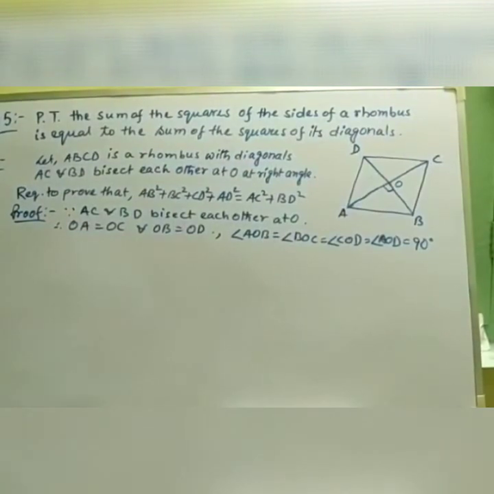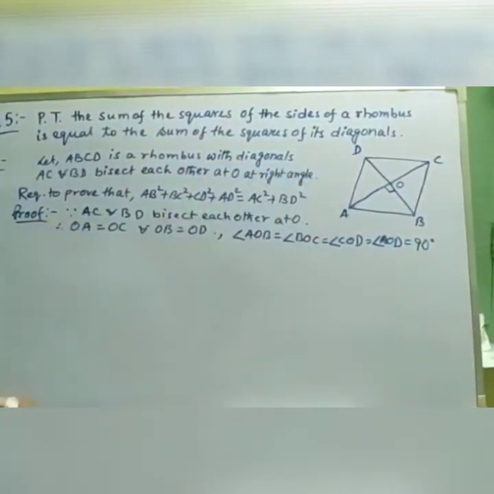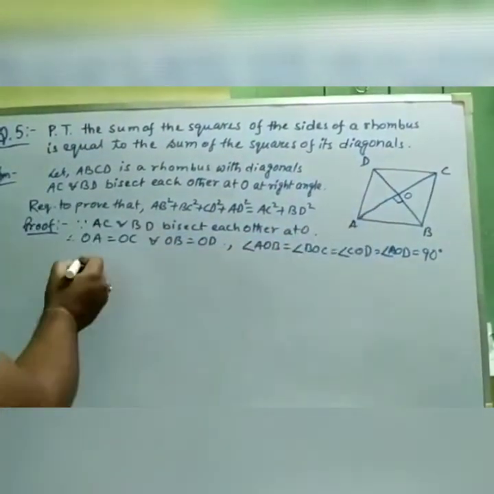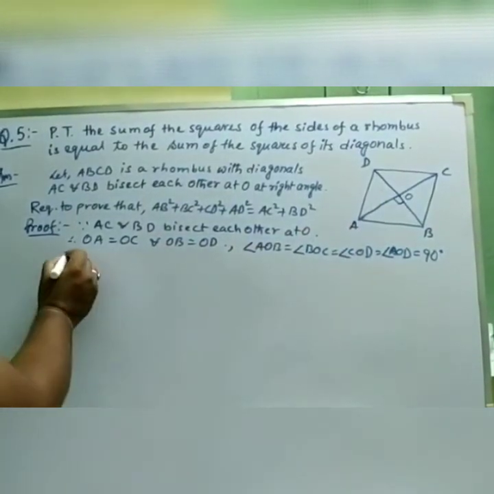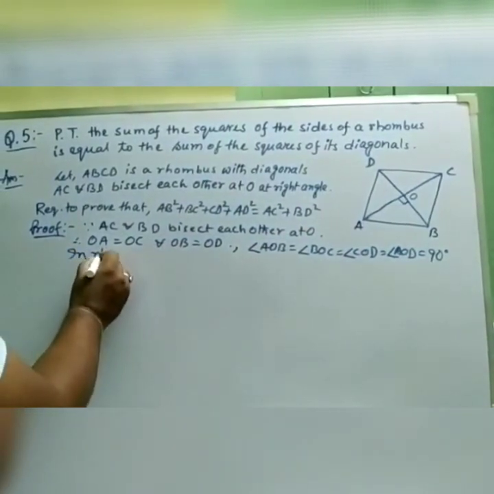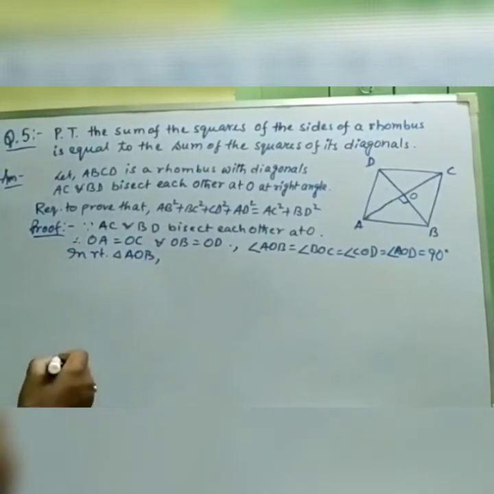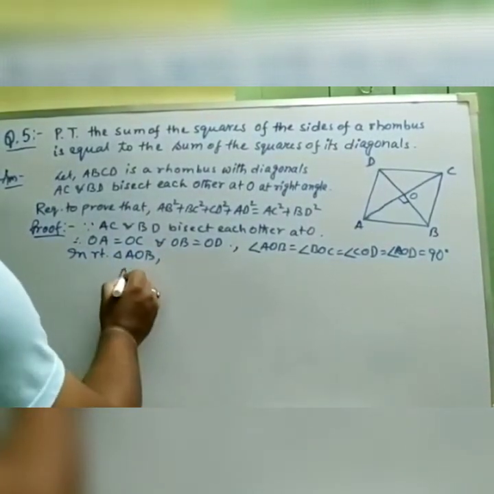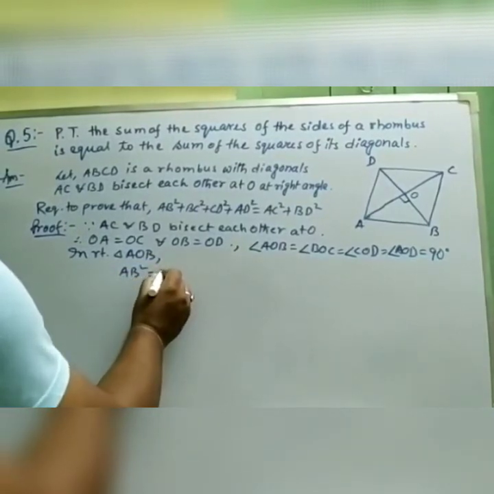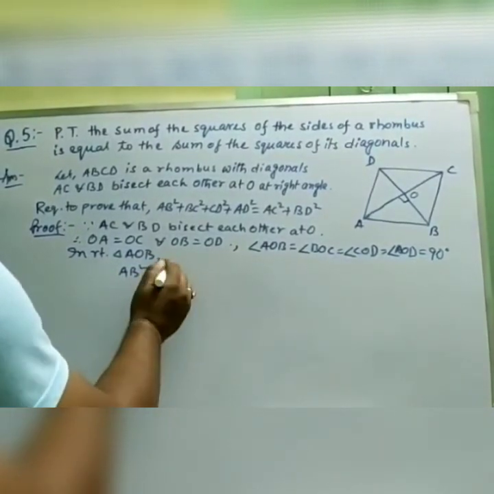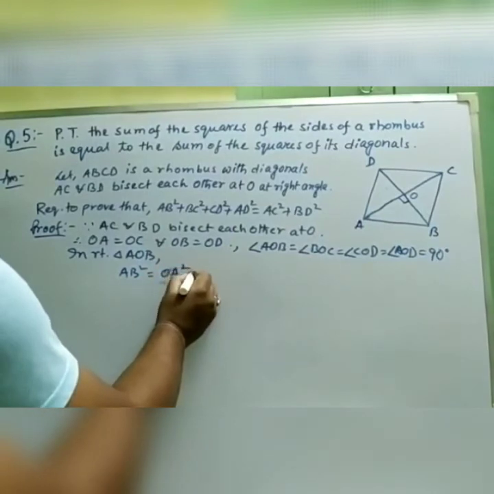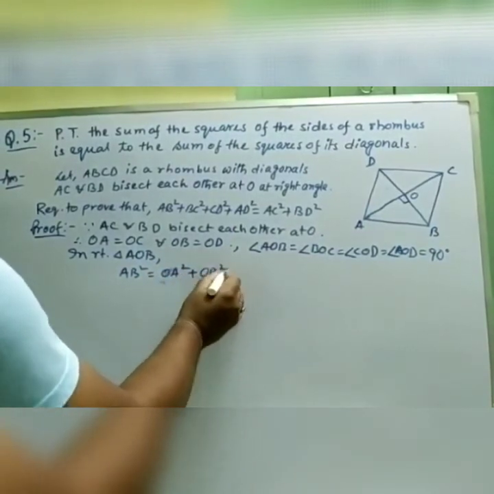Okay, so in triangle AOB, you can see it is a right angle triangle. So here you can use Pythagoras. In right triangle AOB, using Pythagoras, we get AB square equals OA square plus OB square.